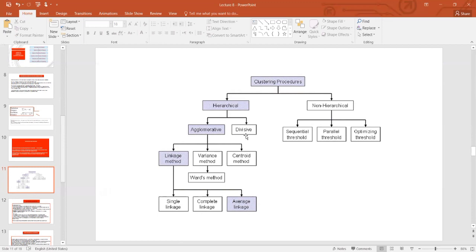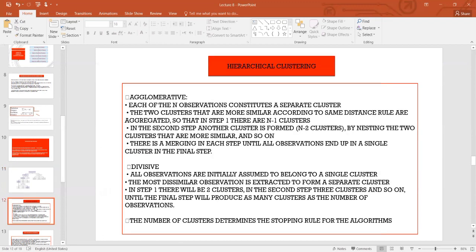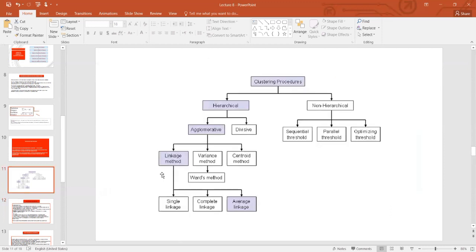Non-hierarchical procedures اللي نحن حندرسها اللي هي K means clustering. هنحكي A classification of clustering procedures هنحكي عن non-hierarchical اللي هن sequential and parallel and optimizing threshold. وكمان on the same graph عنا hierarchical اللي هن حكينا عنهم قبل agglomerative and divisive، وكمان في تحتهم linkage method, variance, centroid كمان حنحكي عنهم، Ward's method, single linkage, complete and average كمان حنحكي عنهم.